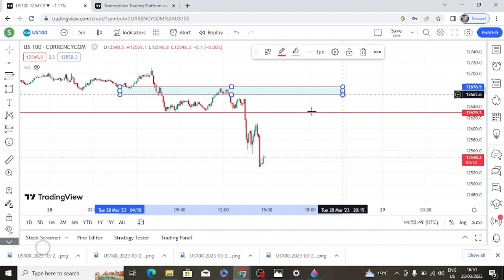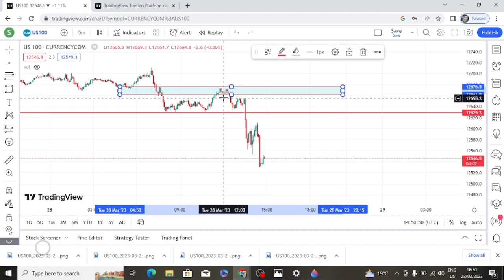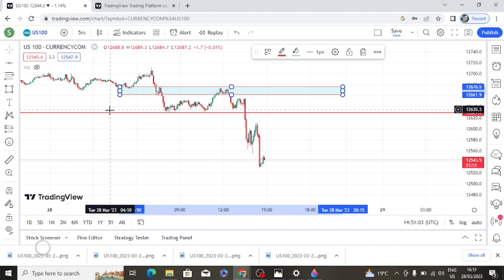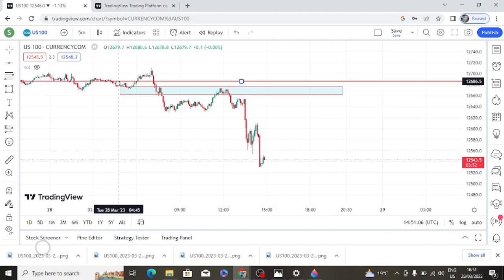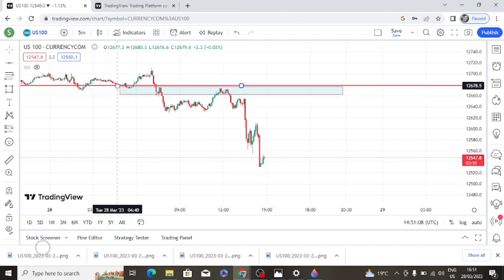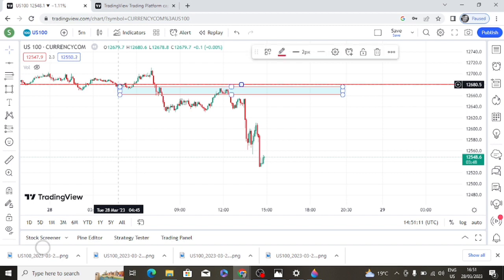So I think I entered the trade on the second bearish candle. When it started putting out that second bearish candle, that's when I came in, and I had my stop loss just above here, like I explained in the first bit of this video. That's where I had my stop loss.